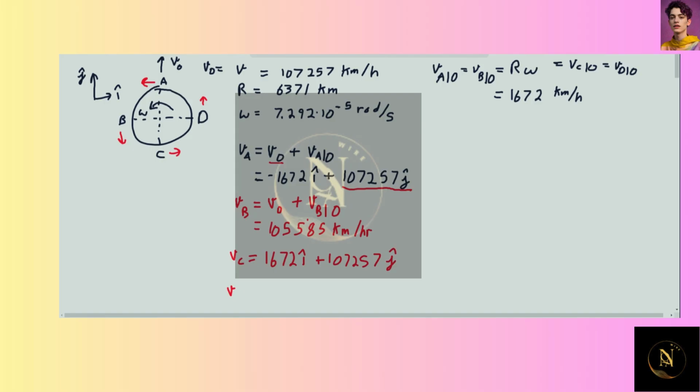VD will now be the 1,672 plus the 107,000, and if we add those two together, that gives us 108,929 in the j hat direction. And all of these are in kilometers per hour, of course.